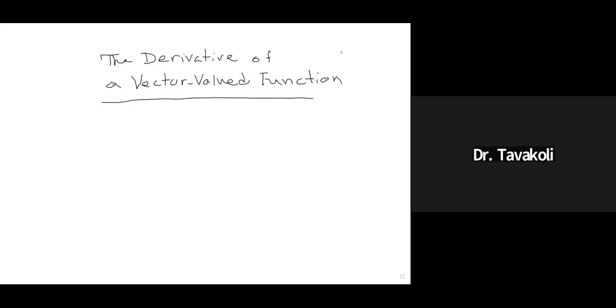The next thing that we need to know is the derivative of a vector valued function. Suppose I have a vector valued function r(t), and in this notation, it has the coordinates f of t, g of t, and h of t.